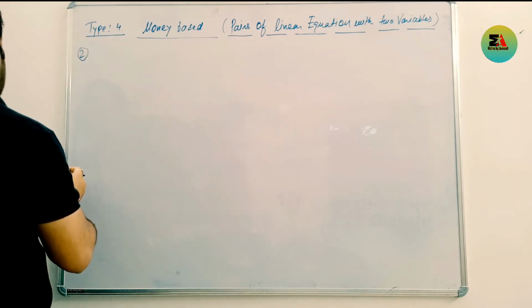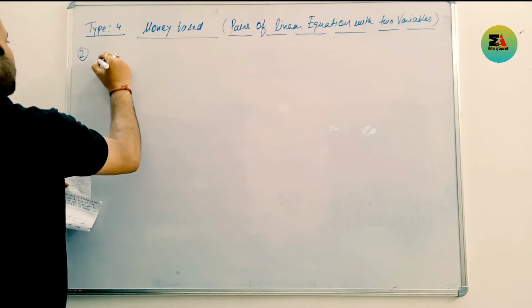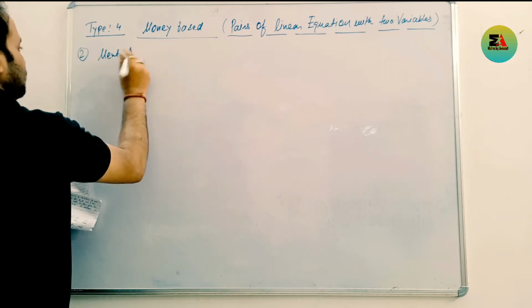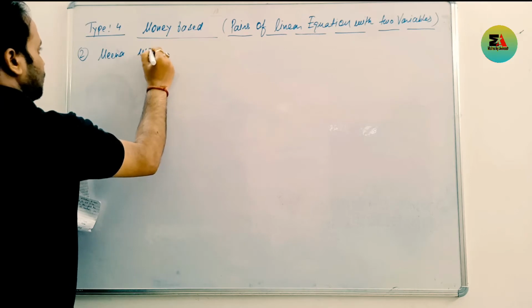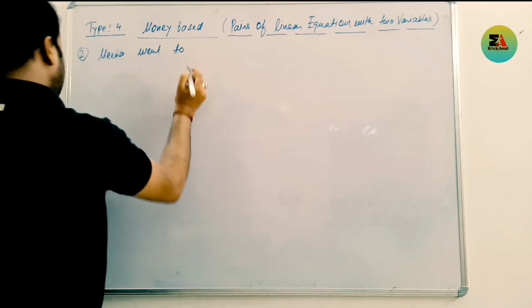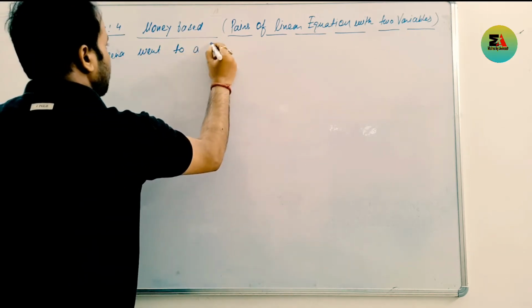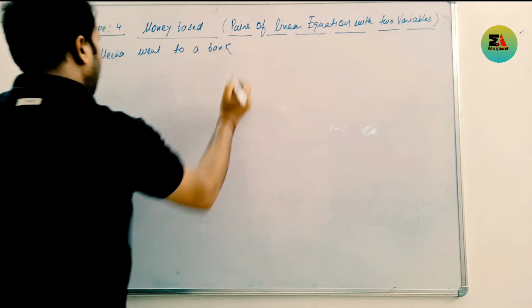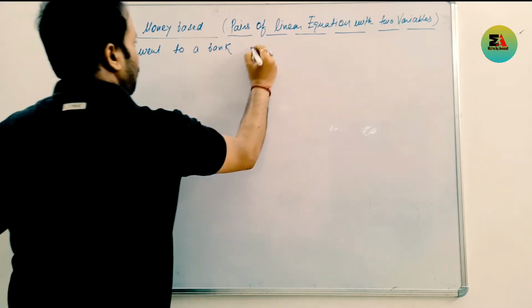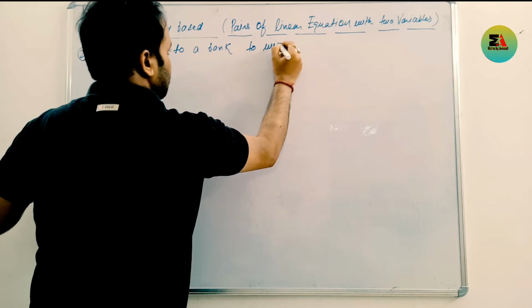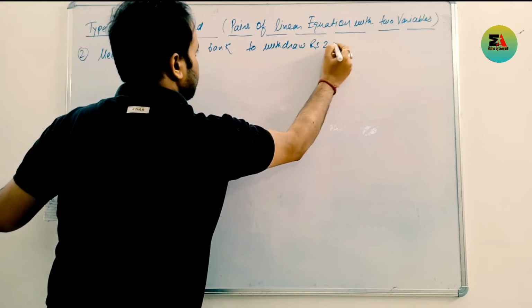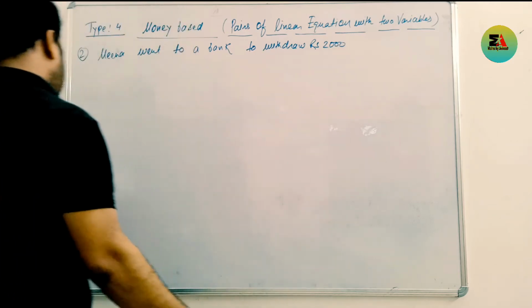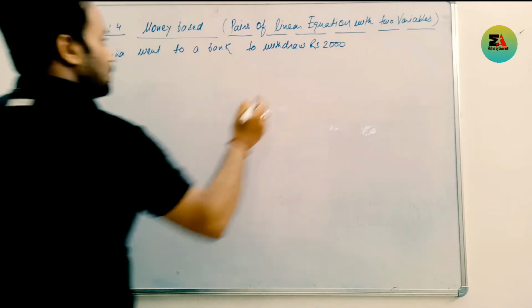Question: Meena went to a bank to withdraw rupees 2000. Clear?